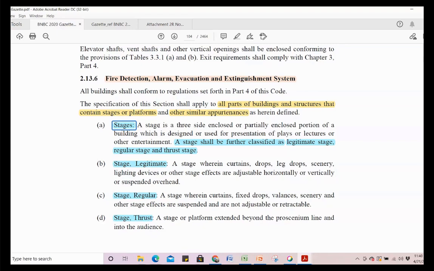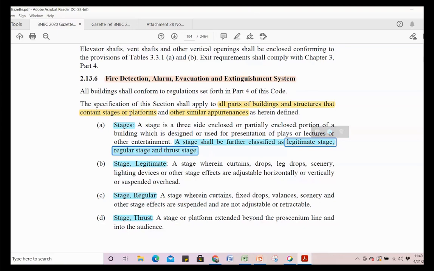It says that a stage is a three-side enclosed or partially enclosed portion of a building which is designed or used for presentation of plays or lectures or other entertainments. A stage shall be further classified into three types: one is legitimate stage, two is regular stage, and the third one is thrust stage.